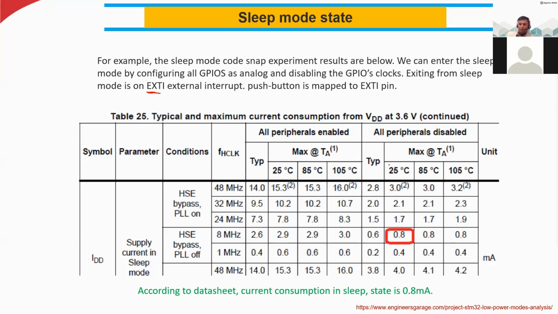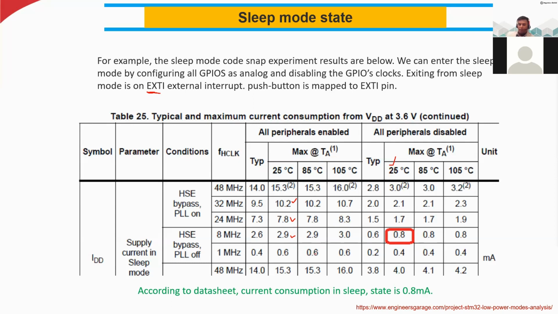This is at room temperature, 25 degrees. In the normal mode, when all the peripherals are enabled, it's consuming this much power at 25 degrees Celsius, 10.2, 7.8 and so on. But when we disable all the peripherals and it goes to the sleep mode, you can see the power consumption is much lesser compared to the active mode.